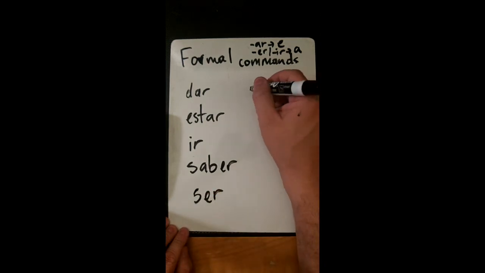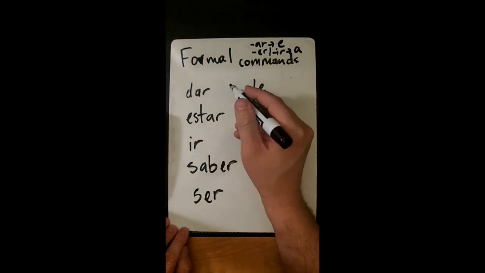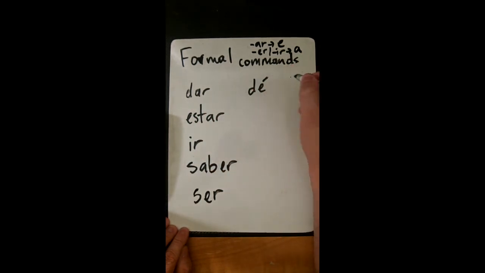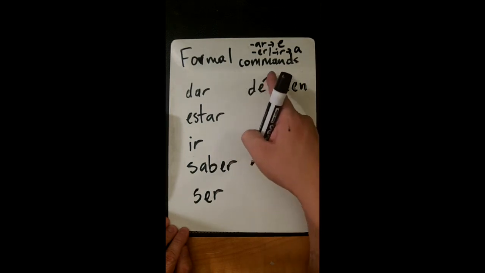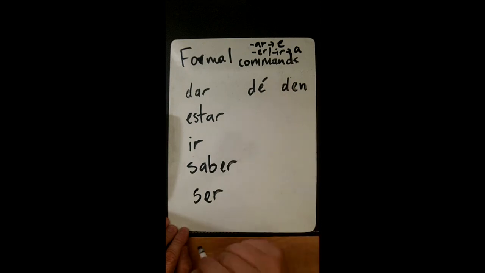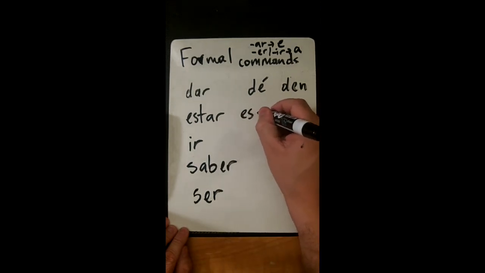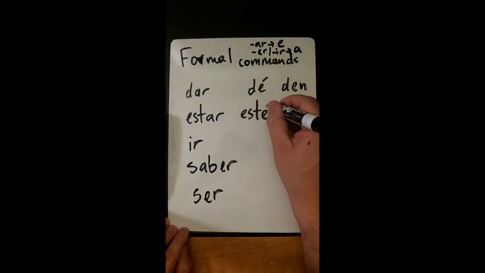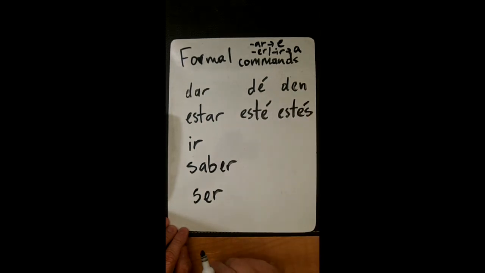Okay, I'm going to give you the singular and the plural. Singular for this one, for dar, which means to give, it's going to be dé, but then for the plural, you drop the tilde. You put an N, but you drop the tilde. Estar is going to be esté, and this is going to be estén.